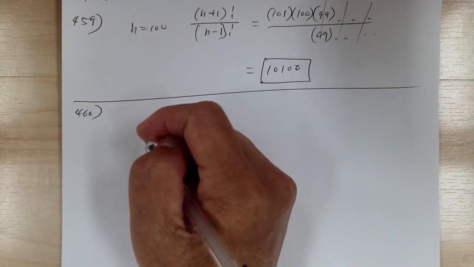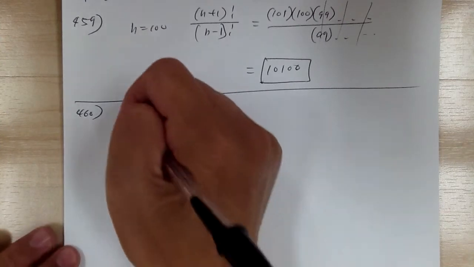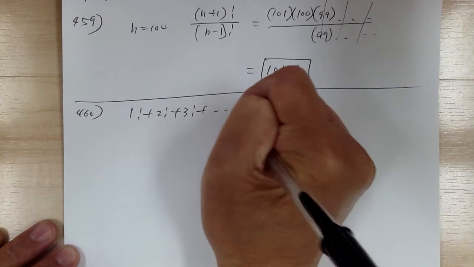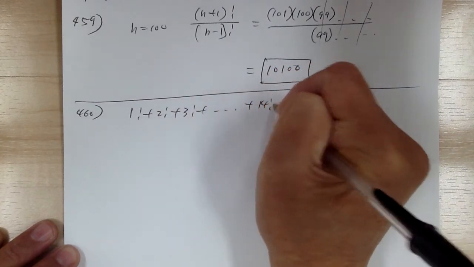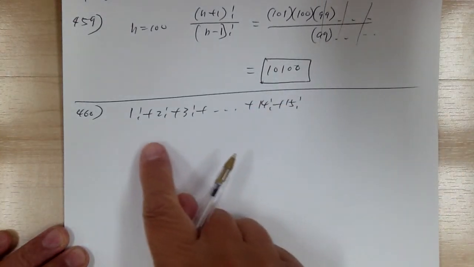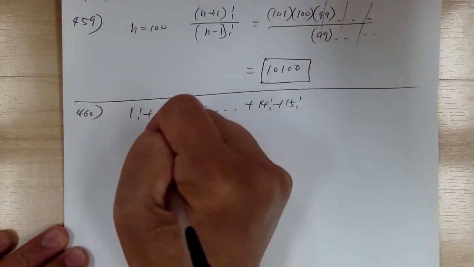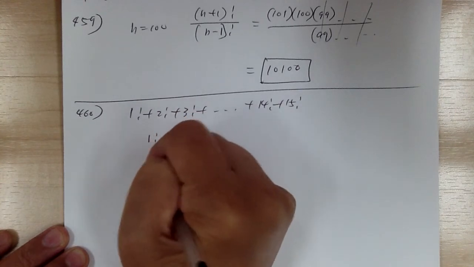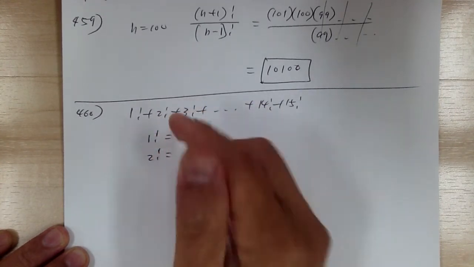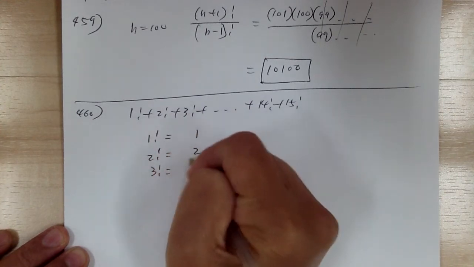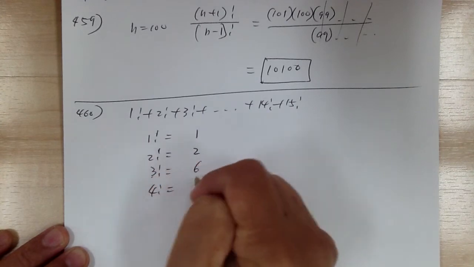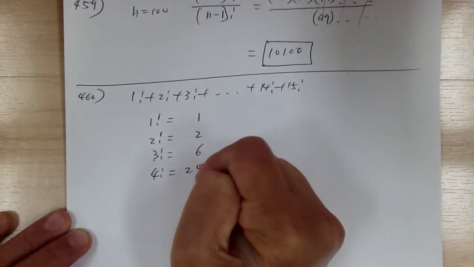Let's go to 460. What is the unit digit of the sum 1 factorial plus 2 factorial plus 3 factorial plus and so on, plus 14 factorial plus 15 factorial? 1 factorial is equal to 1. 2 factorial is 1 times 2, which equals 2. 3 factorial is 1 times 2 times 3, so you just multiply and get 6. 4 factorial equals 6 times 4, which gives you 24.